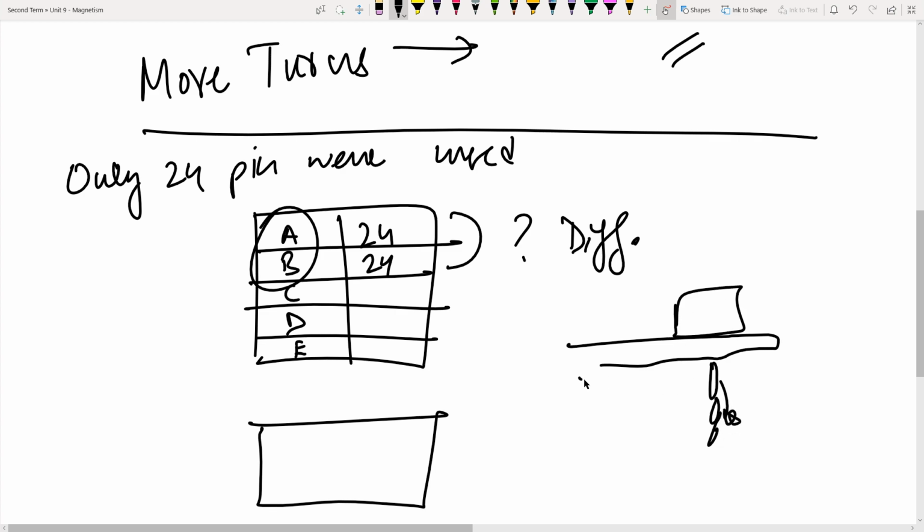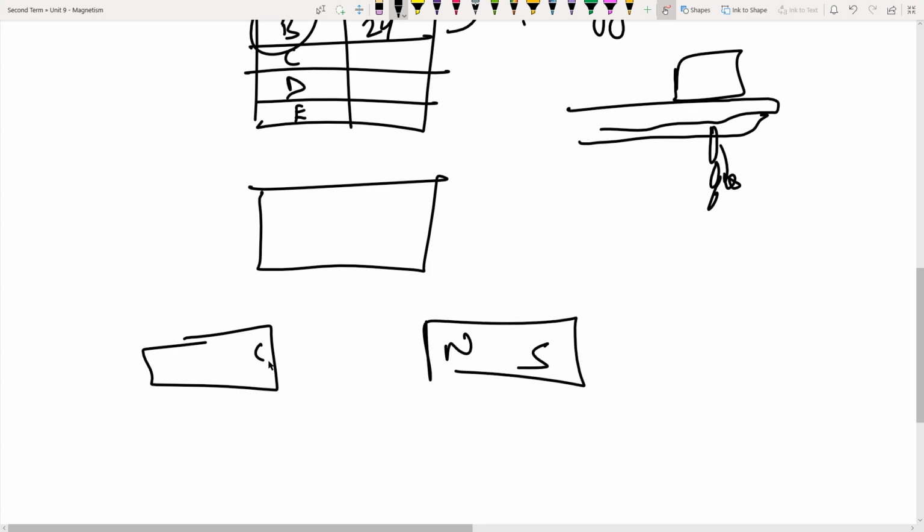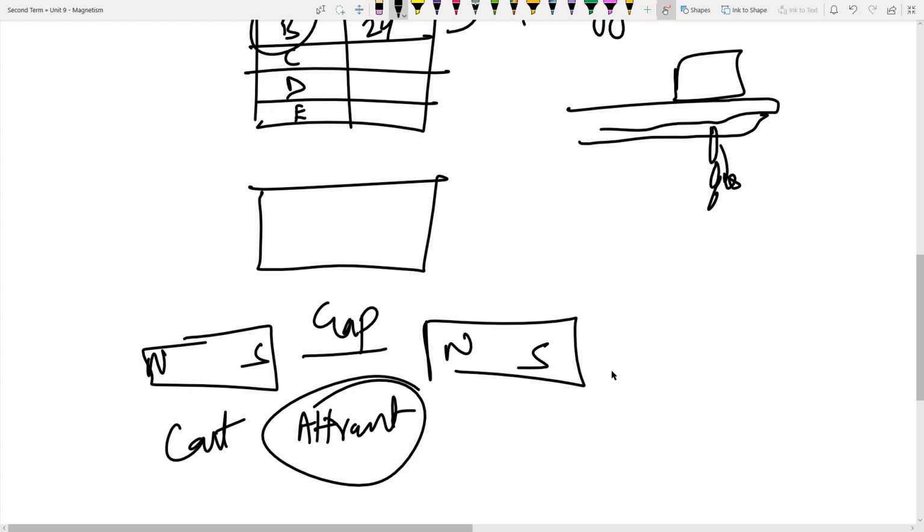If someone's hand is thicker, remember, if you pull the magnets too far from each other, north and south, they are not able to attract. Why can't they attract? Reason being, the more the gap, the less the attraction becomes, and a point will come when they're so far away that they are not able to pull on each other.